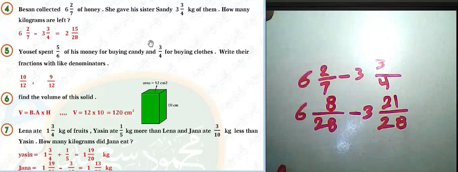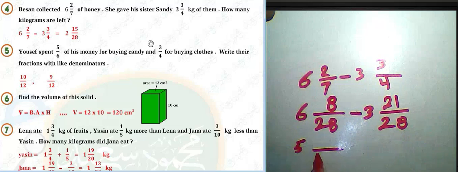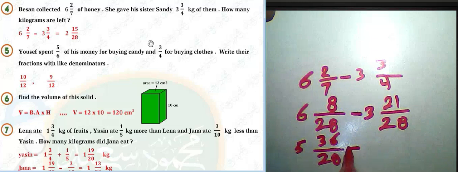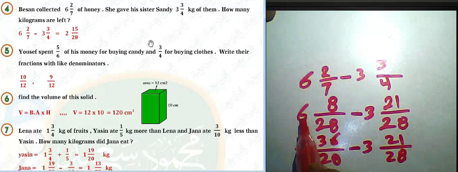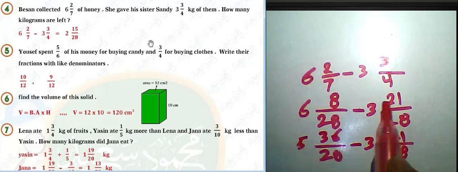Okay, but 8 subtract 21 we can't do. So you must pull 1 from these digits. It will be 5, and then you add 28 plus 8 equals 36. Subtract 3 and 21/28. Again 6 minus 3 we can do, but 8 minus 21 we can't.